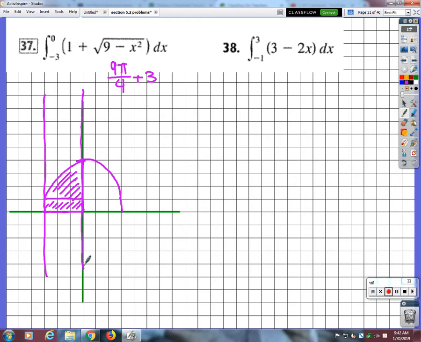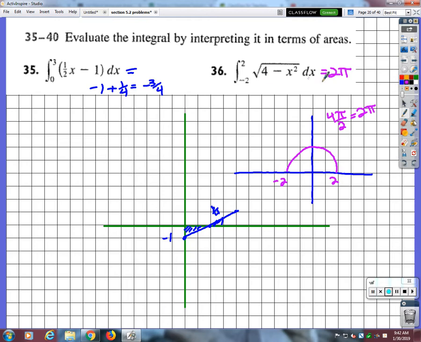Well, what Katie's just figured out is since I gave you the formula for the graph of a circle, this is going to be the radius squared. So to find the area of the circle, it's always going to be this number times pi. So this one over here is 4 pi to start with, but then we're only doing the top.